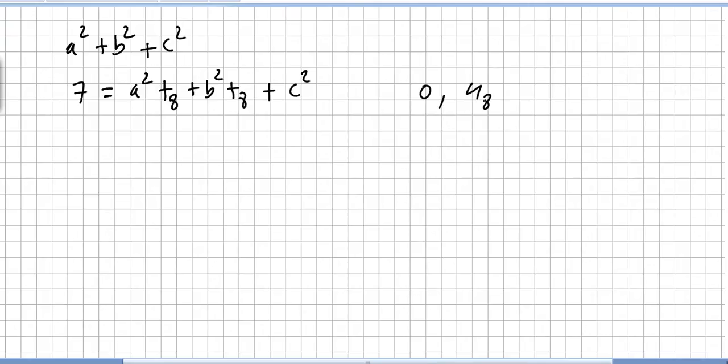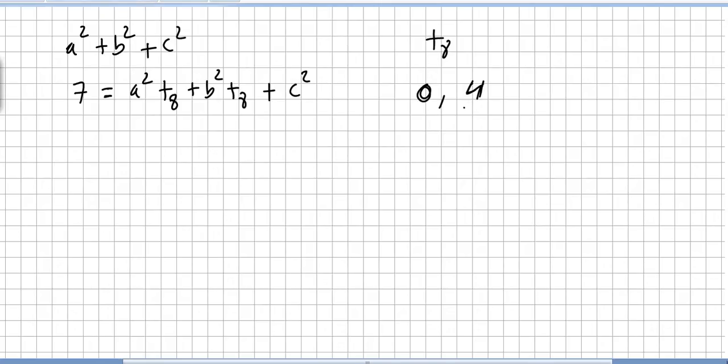Do not forget we are working modulo 8. The square of every even integer will be 0 or 4.